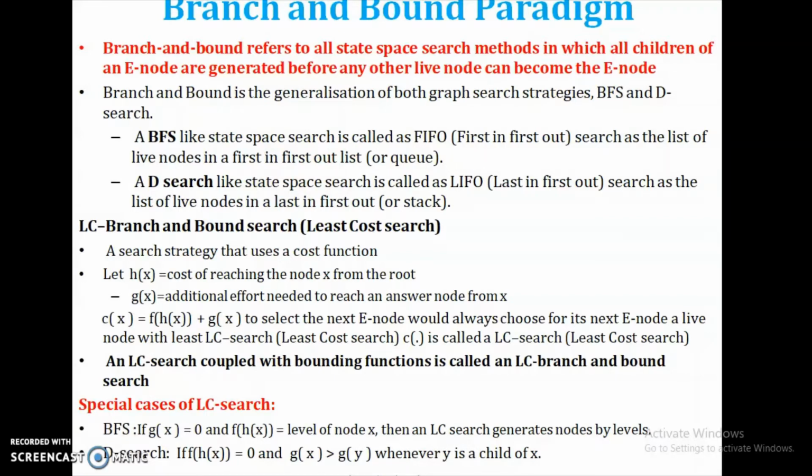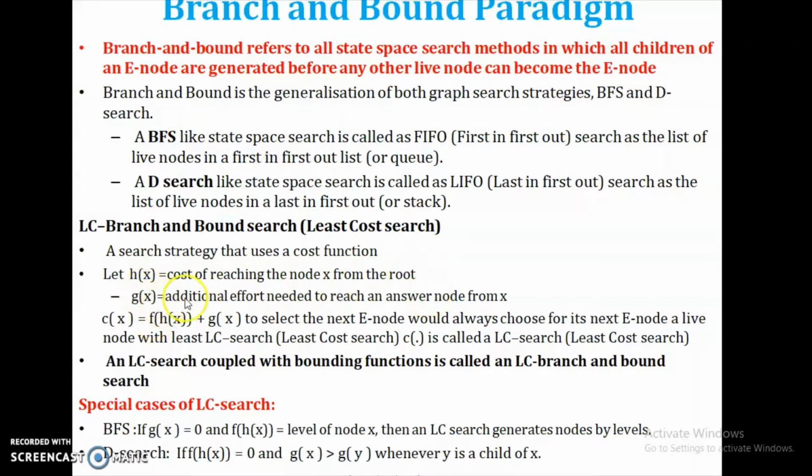One more search strategy is there, that is known as least cost branch and bound search. It uses a cost function to search the node in this state space tree. For finding the cost function, it is using h of x and g of x. So what is h of x? The cost of reaching the node x from the root node.